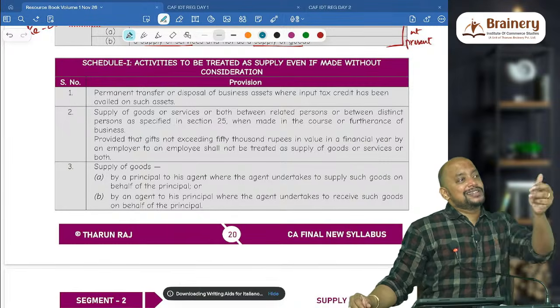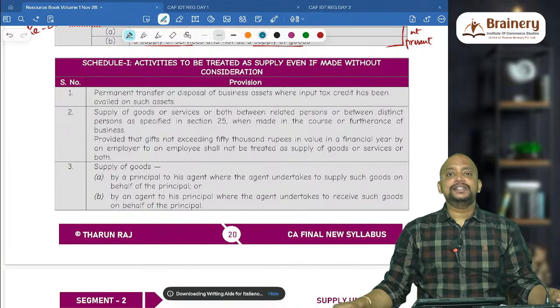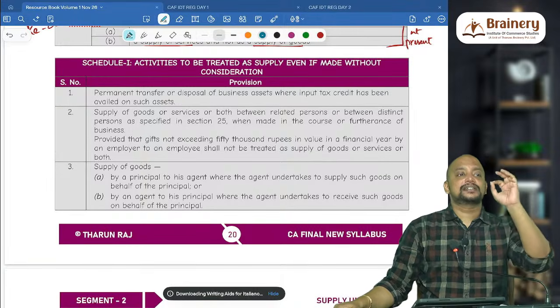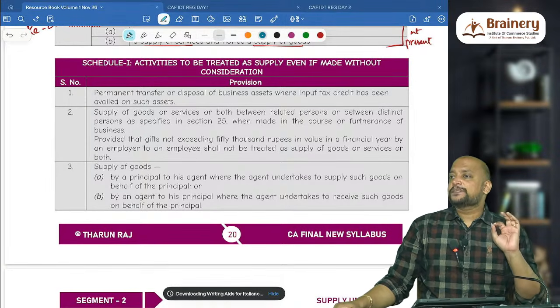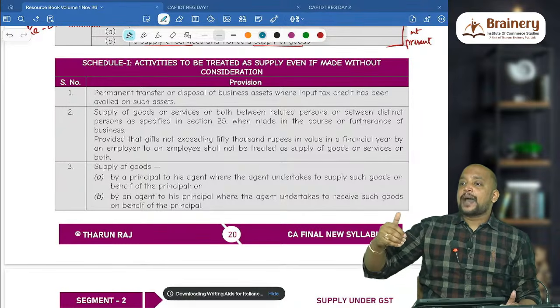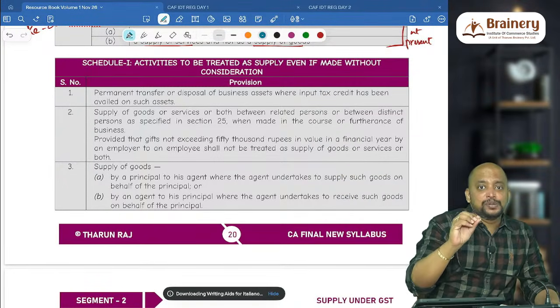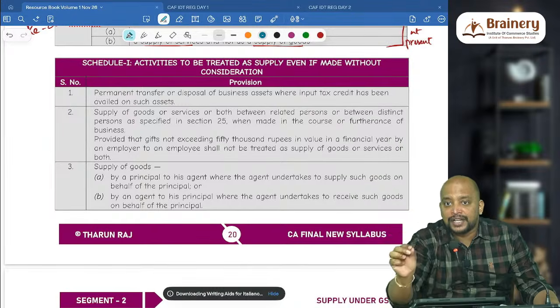Then how to pay GST? In intermediate, you would have studied this. Section 18 subsection 6 says whenever you are selling a capital good on which ITC is availed, the GST payable will be the highest of the following.